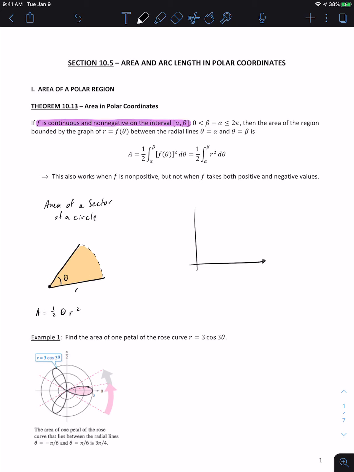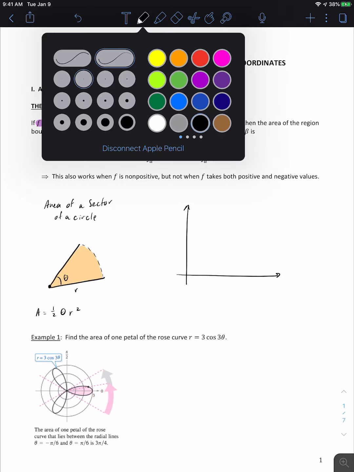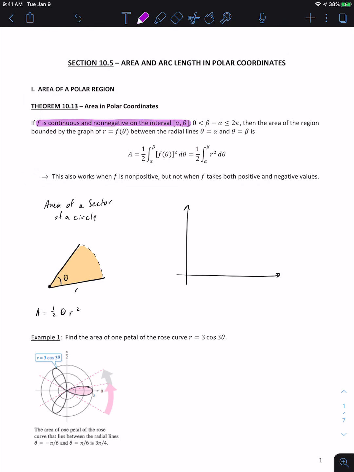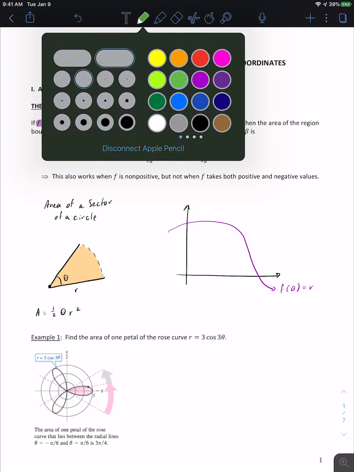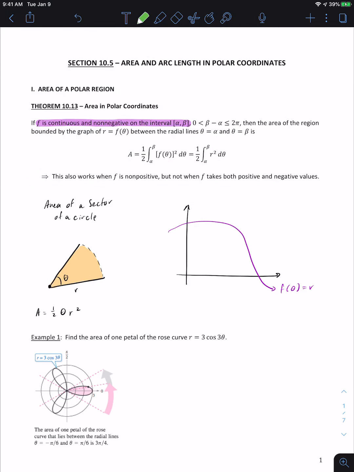So say this is my graph, which is f of theta, right? r equals f of theta. And then I have these radial lines.